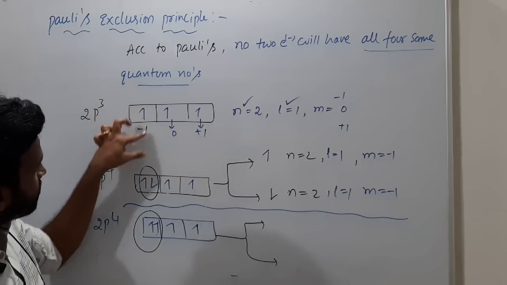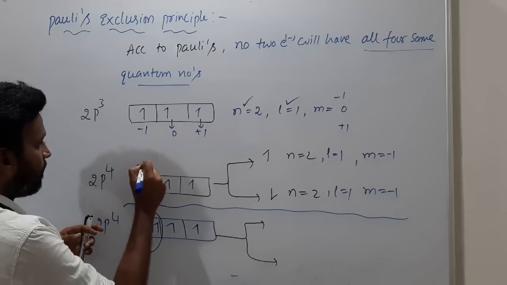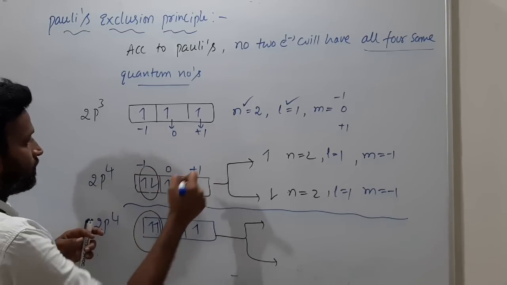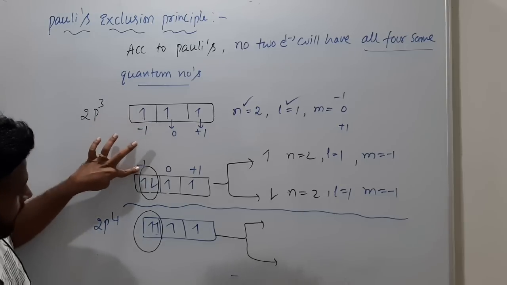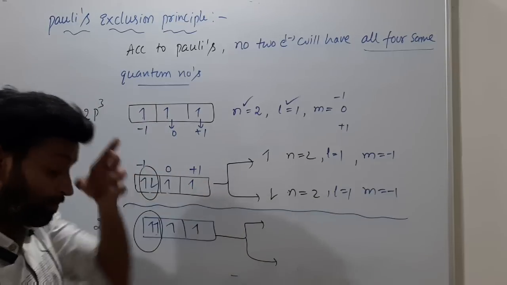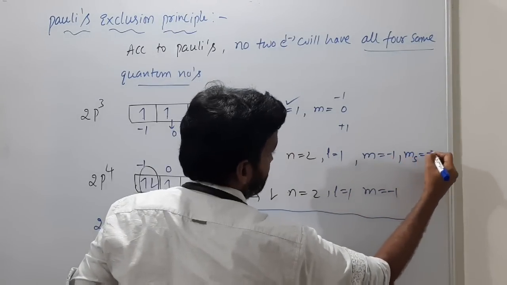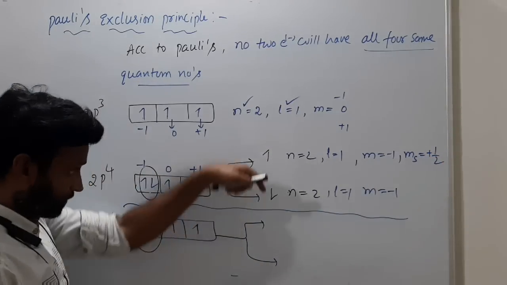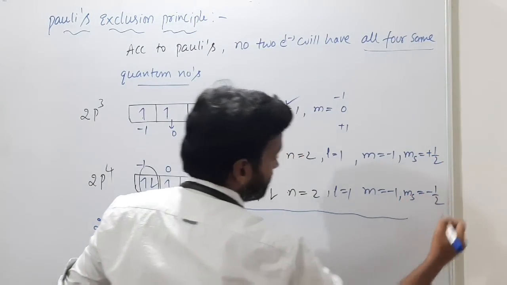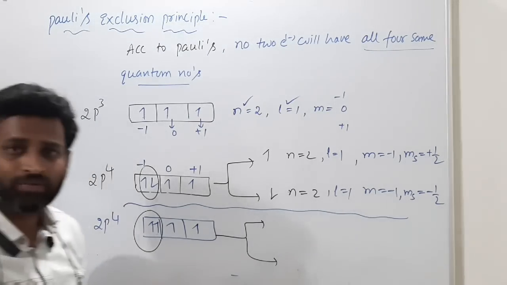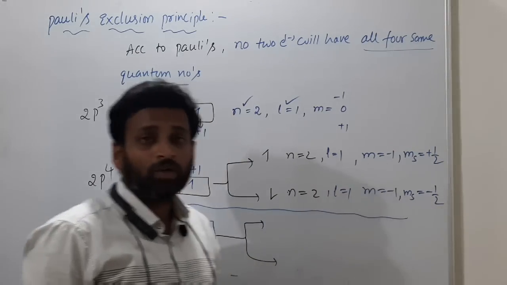See, for this box -1, for this box 0, for this box +1. Like that here also, -1, 0, +1. So both paired electrons have the same magnetic quantum number. But one electron is upwards, that means ms is equal to +1/2. Here the electron is downwards, that is ms is -1/2. See the difference what you observe? One electron upwards, one electron downwards.